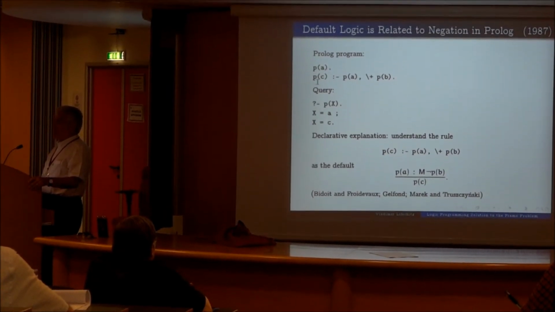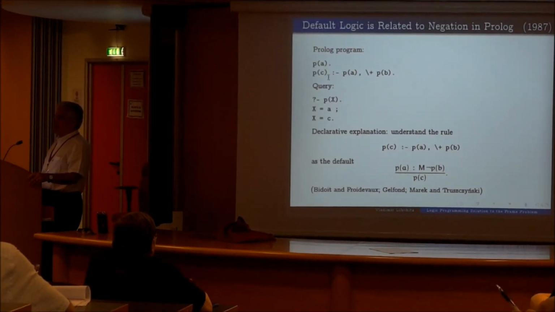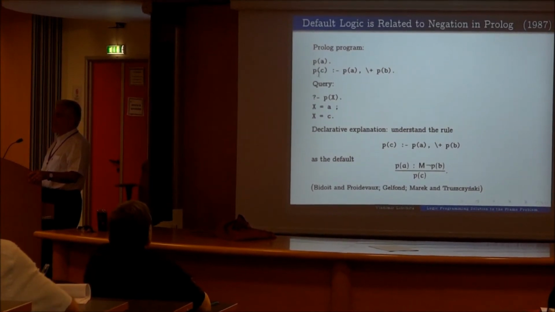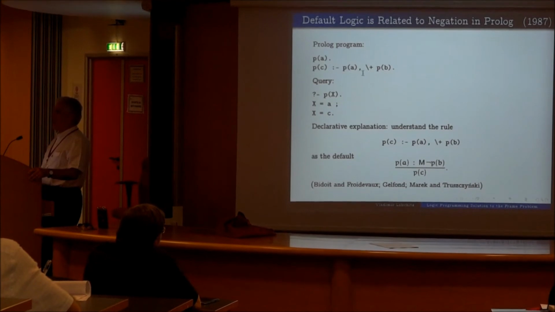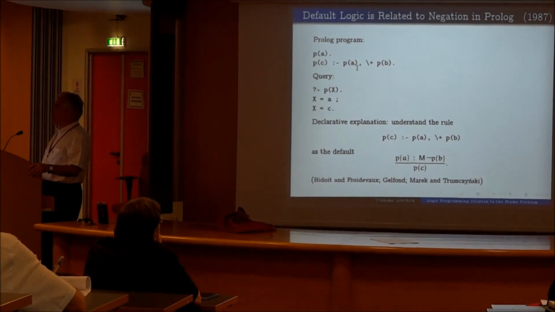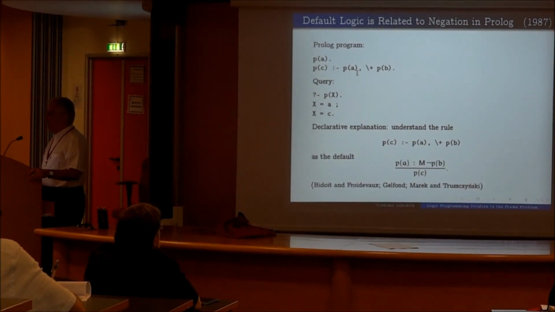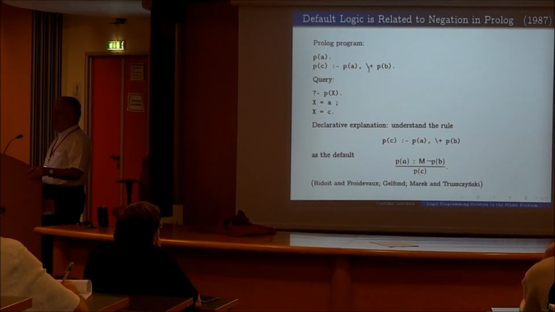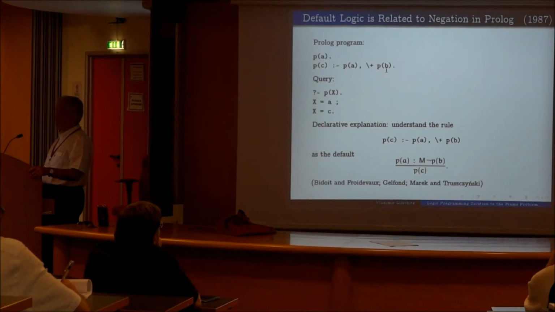And then it will try to use the second rule to find another value of X which satisfies P. And the rule tells us that we need to do two things to establish P of C. First of all, we need to establish P of A, but we have done this already. And second, we should determine that there is no way to prove P of B using these rules.